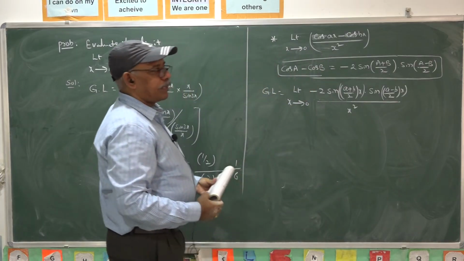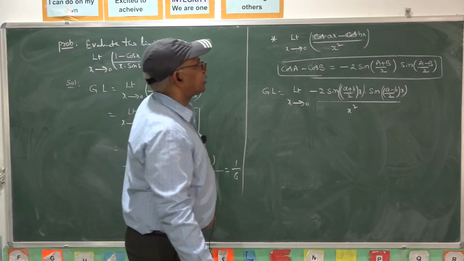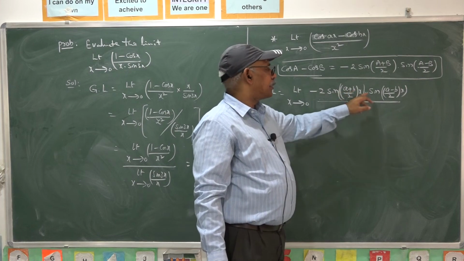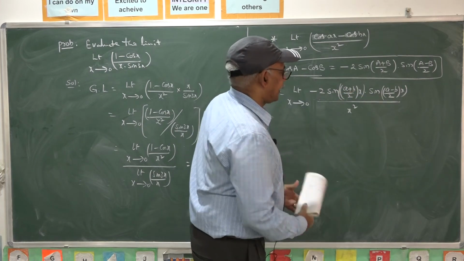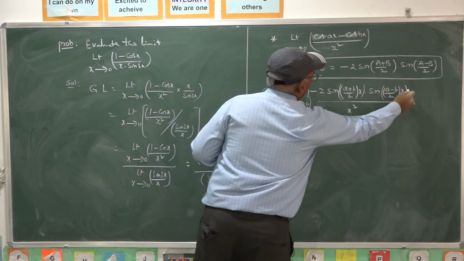The given limit may be reduced as cos ax minus cos bx equals minus 2 sine of a plus b by 2x, sine of a minus b by 2x, by x square. This is our limit.